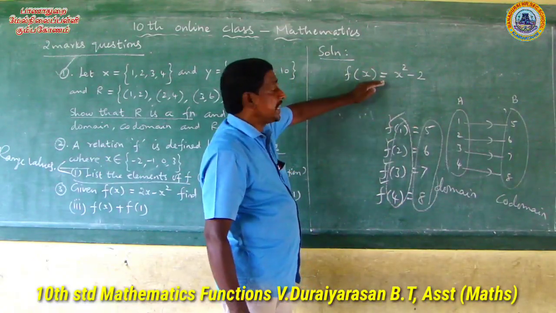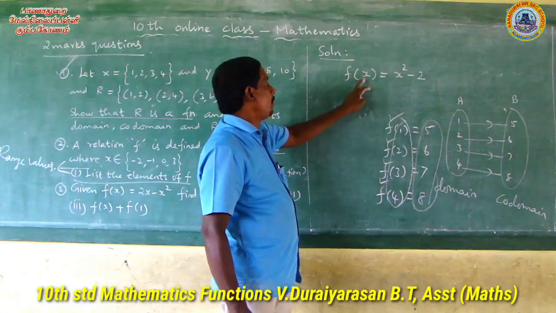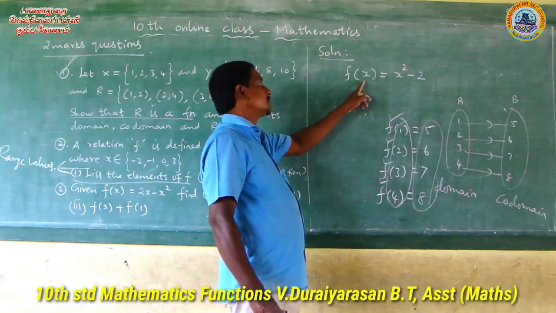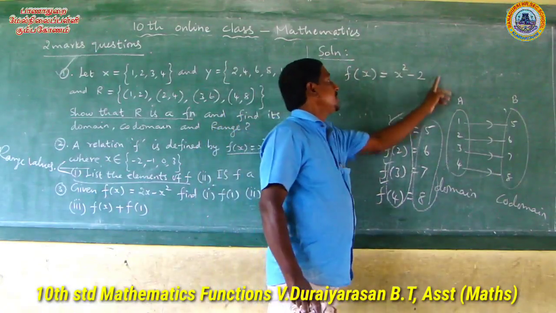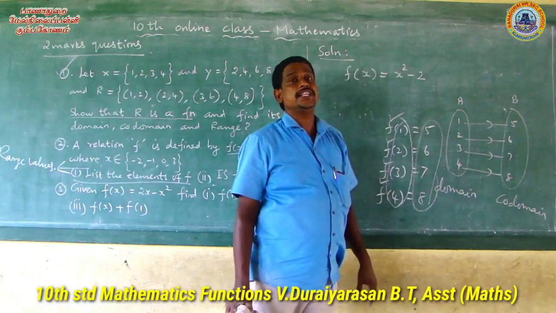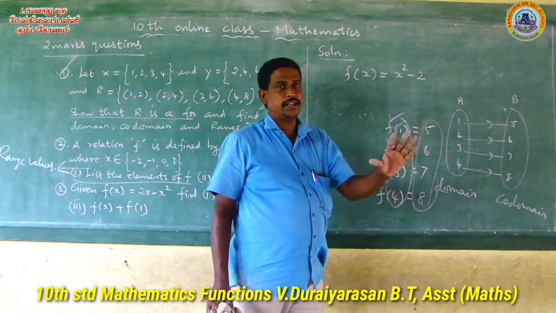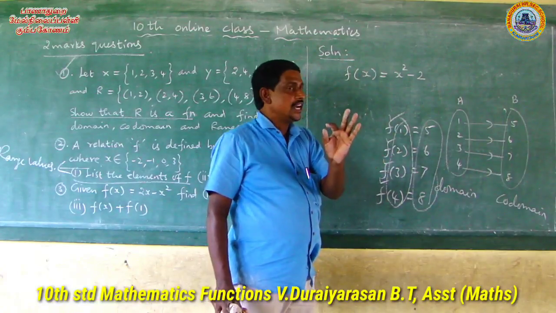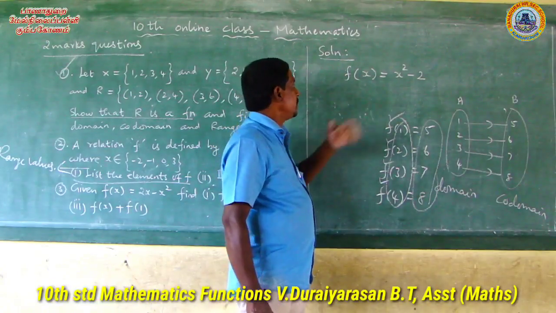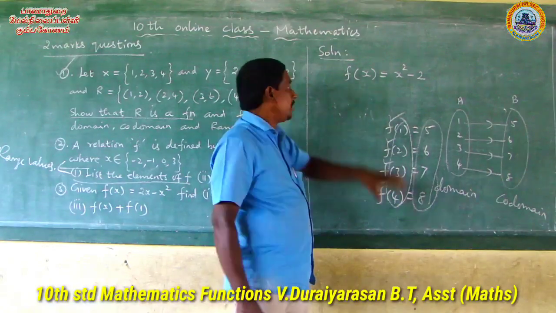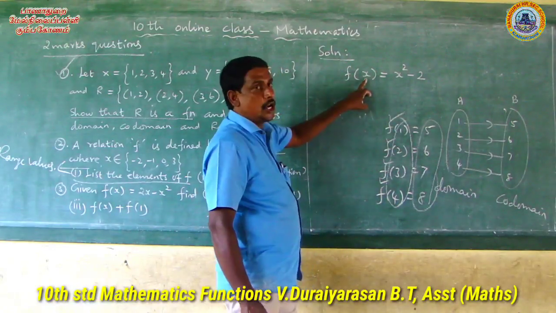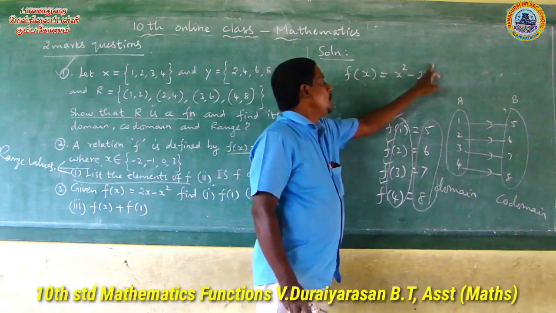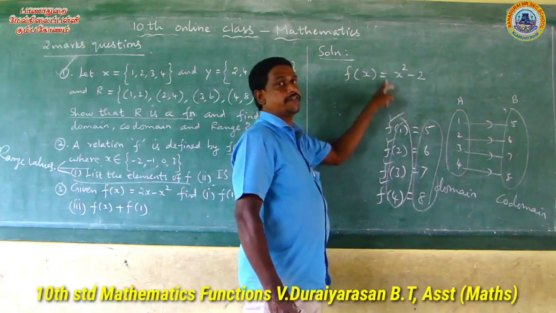Substitute the value of x in the given function; the answer we get is called the list of f. Do you understand? First of all, substitute the x values, and the values we get are called the list of f.